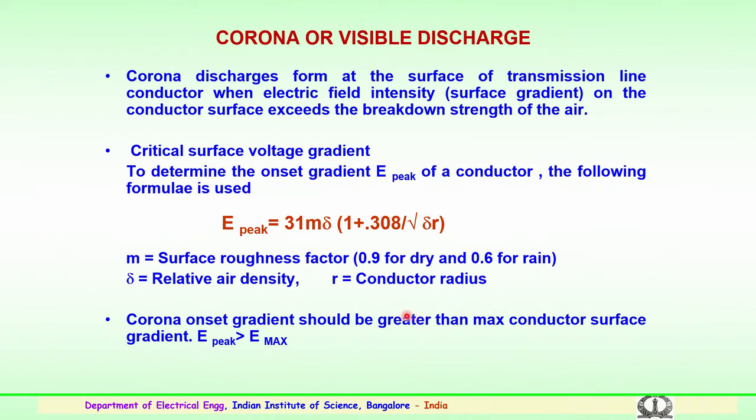This is a simple formula to find out the onset gradient of any size of conductor. The corona onset gradient should be greater than the maximum conductor surface gradient, that is E peak should always be greater than E max, the maximum surface gradient.